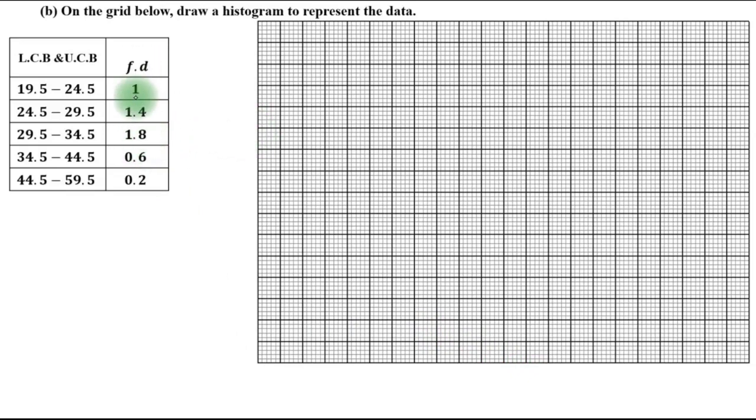So we start with the first thing we need to check. The highest value for the frequency density is 1.8, and if we look at our scale here, is it workable? We have 1, 2, 3, up to 16 big squares. But I can choose a scale of one big square to represent 0.2. That will be fine.